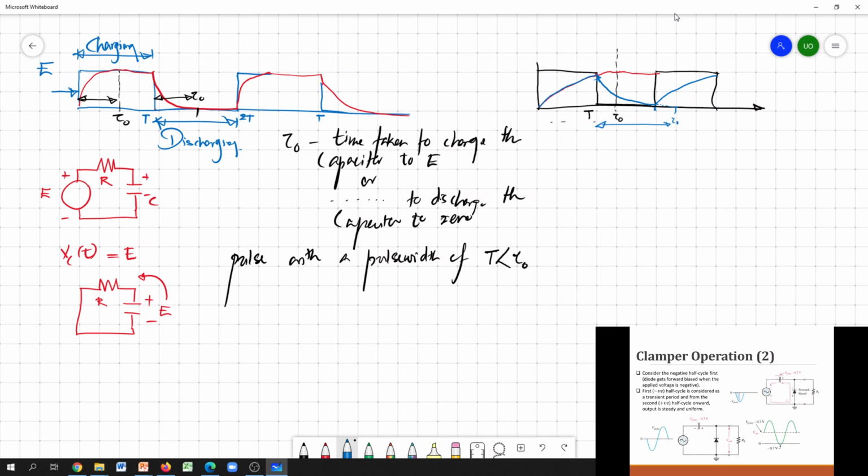So what happens if the pulse width T is less than tau naught? You have this kind of operation like that. It never charges to E, it basically stops beforehand.